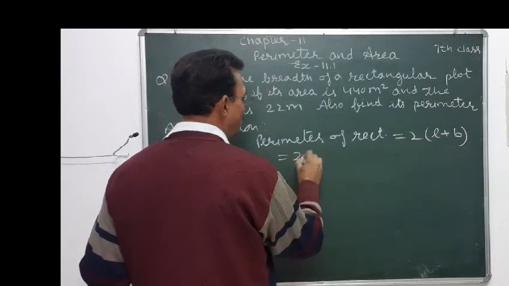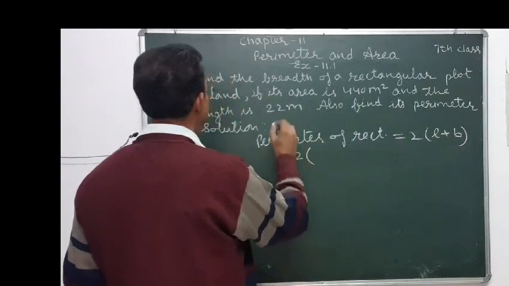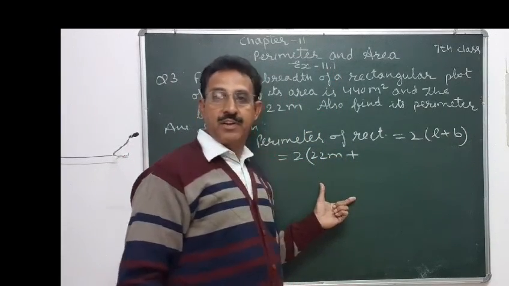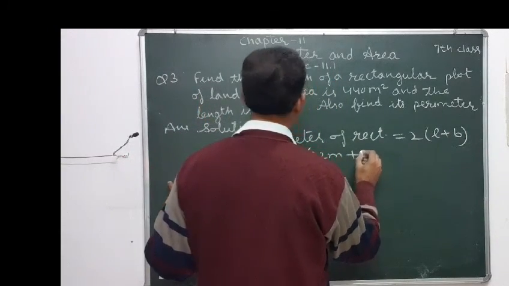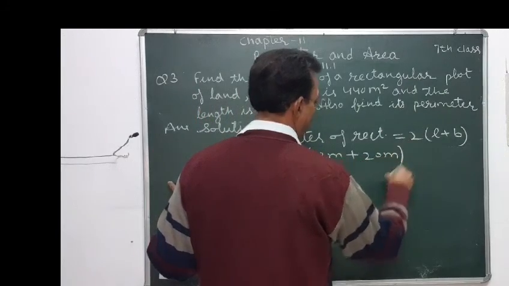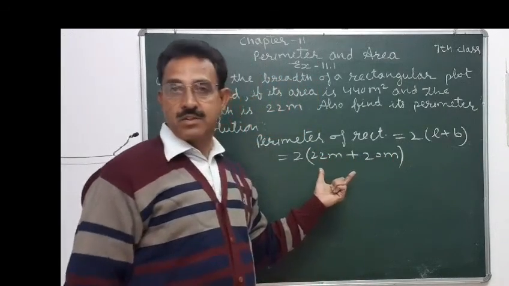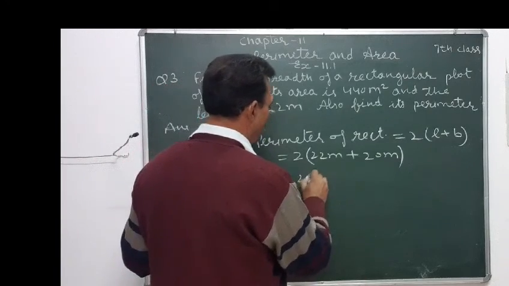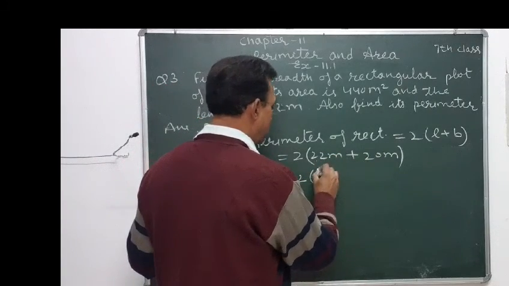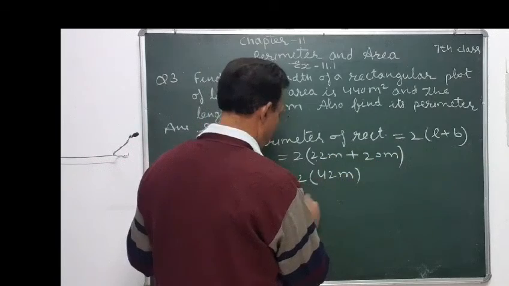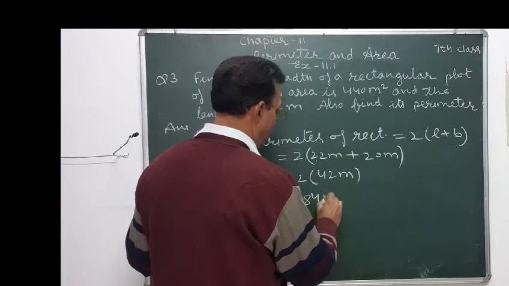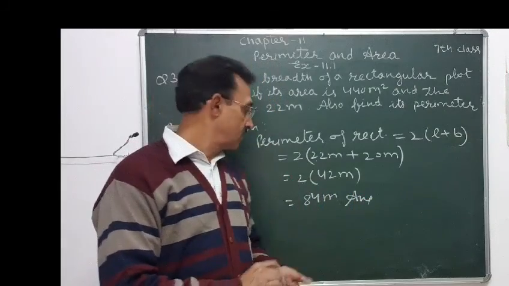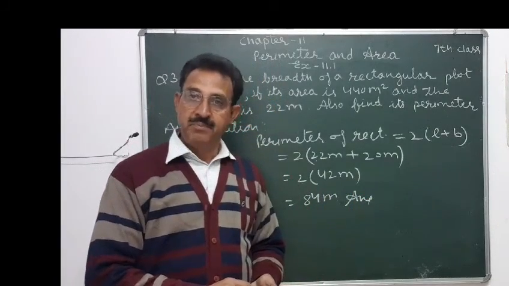So which is equal to 2 into length, how much length? 22 meter. And breadth we have just found, it is 20 meter. So 2 into 22 plus 20 is 42 meter. This comes out to be 84 meter. So perimeter of the rectangular plot is 84 meter.